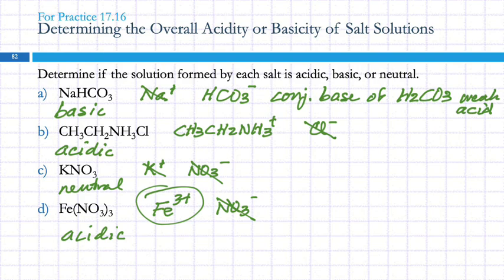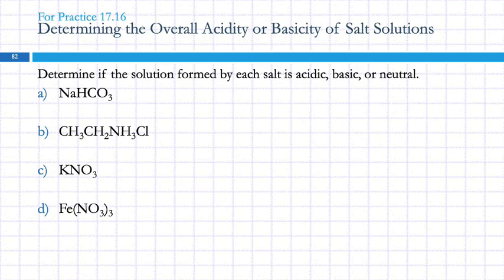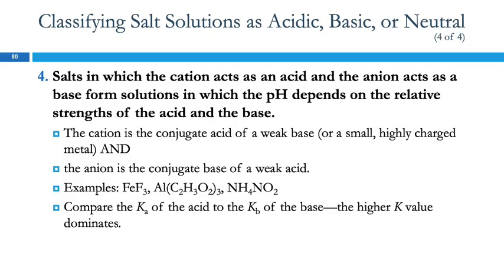Yes? On the previous slide, the examples for the ones that have both. Mm-hmm. This one, like if it's FeF3, do we multiply the K by 3? Because there's 3. No, you don't multiply.